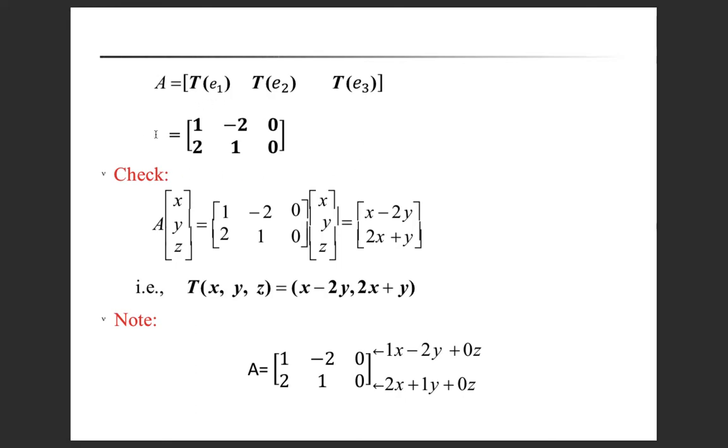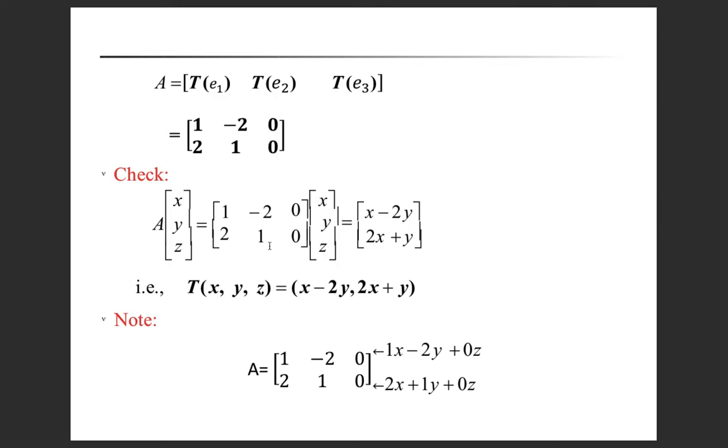Now we will check whether it is equal to the given transformation or not. Suppose A into (x, y, z), where A is the matrix with rows (1, minus 2, 0) and (2, 1, 0). If we multiply this by the column matrix (x, y, z), first row with the column: 1 into x minus 2 into y plus 0 into z, so this is x minus 2y.